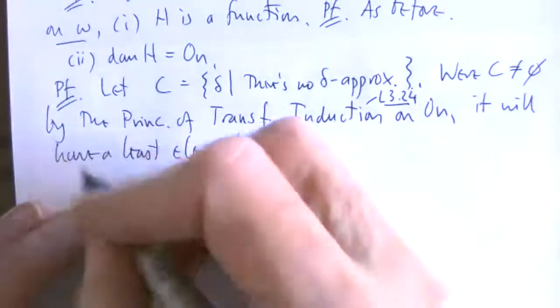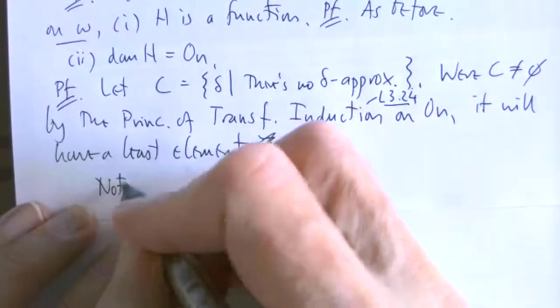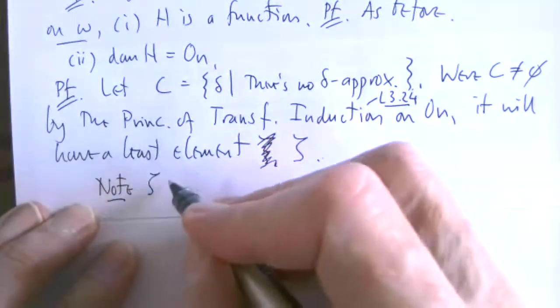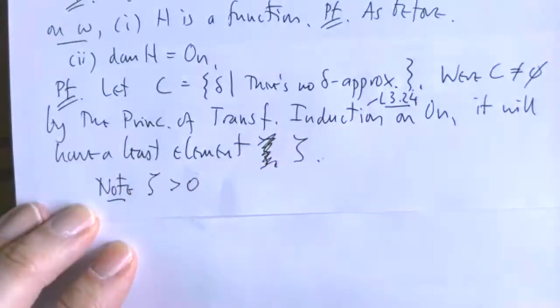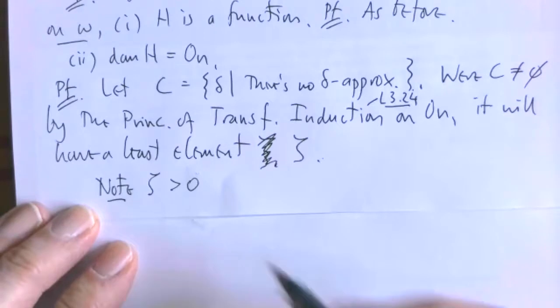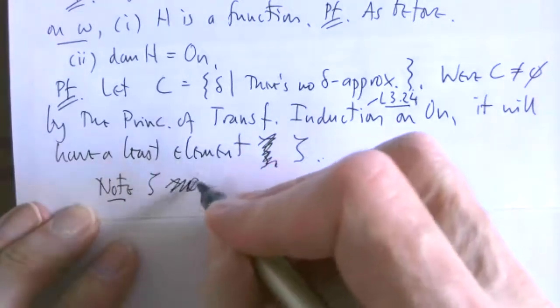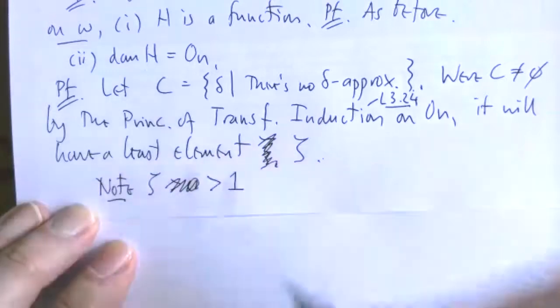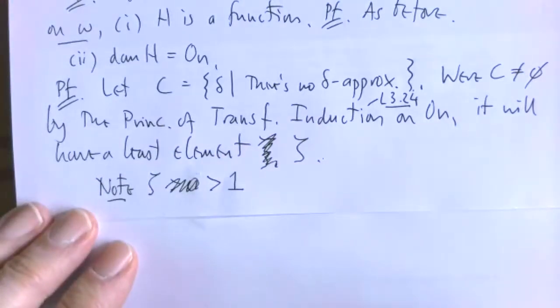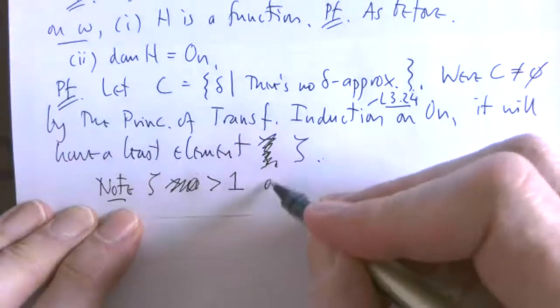So zeta is bigger than 0 because we know there is a 0. Well, it's bigger than 1 because we showed above there is a 1 approximation.